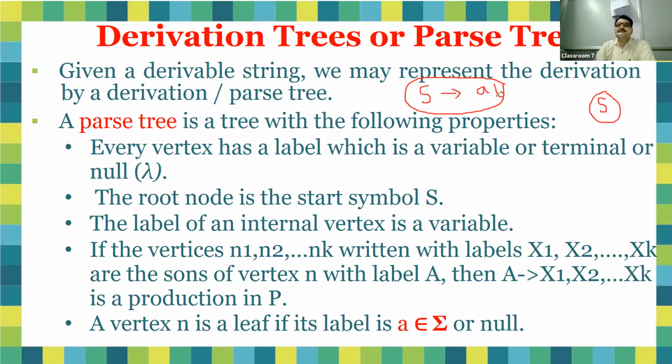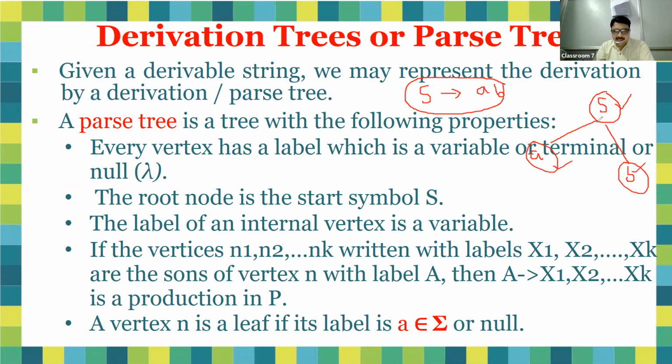So how can we represent this in the form of a tree? This is the simple representation: S is your root, and S can produce A, and here it is B, right? In this case, you can easily see that every vertex has a label. Here the label is S, here the label is A, and here the label is B. So S is a variable, and A and B are terminals.